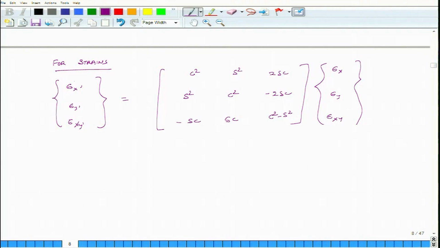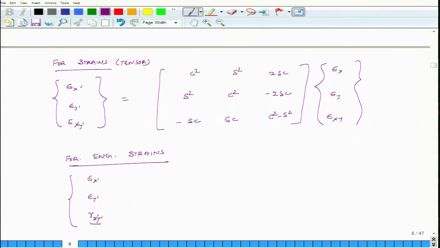Now, this is for the tensor version of strain, but a lot of times we use engineering strain, engineering shear strains. For engineering shear strain, the only thing we have to do is bring in a factor of 2. So, epsilon x prime, epsilon y prime and gamma x prime y prime, but gamma x prime y prime is not a tensor.